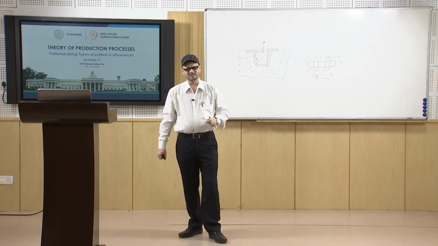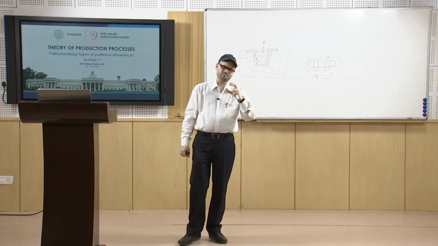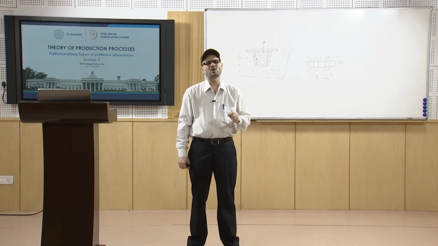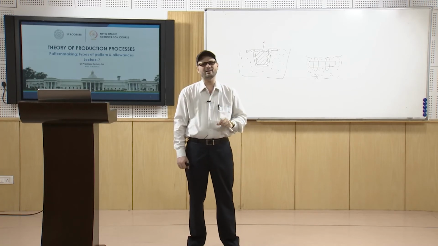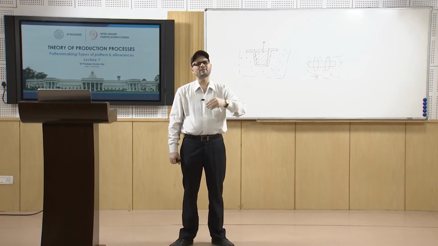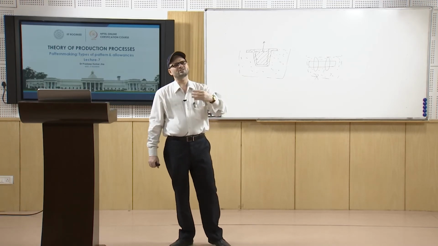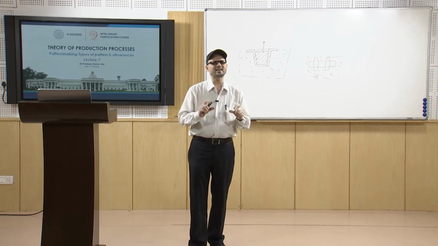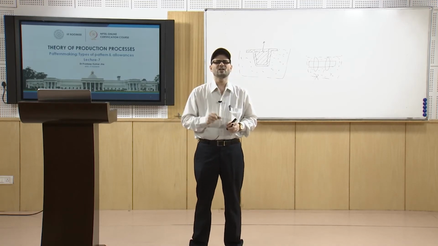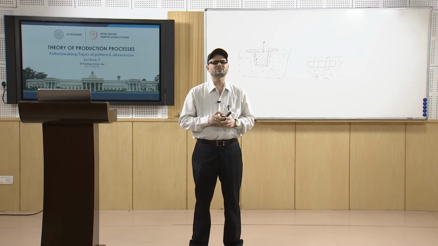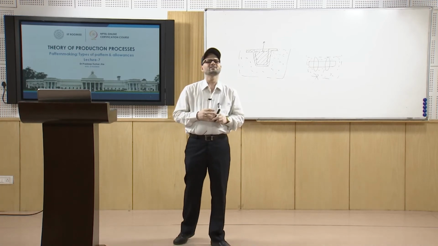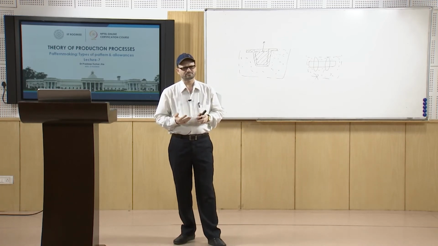So you cannot make the pattern exactly the same dimension or shape as the casting. You make certain modifications, and whatever modification you put in is known as the pattern allowances.